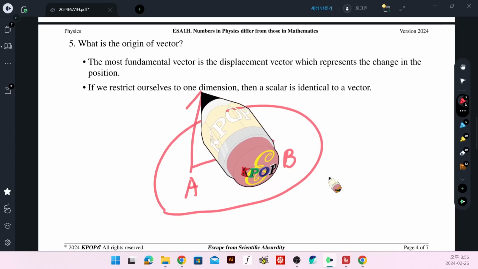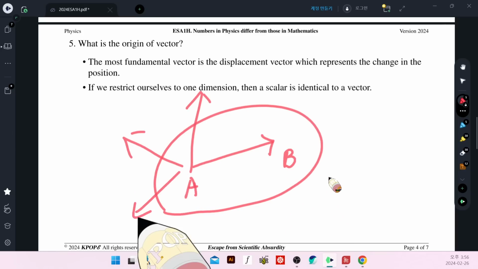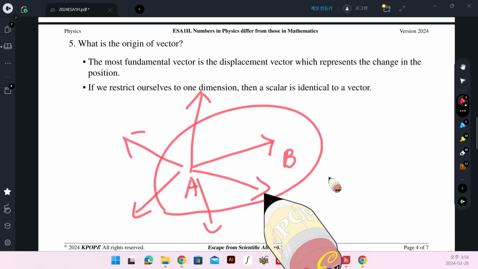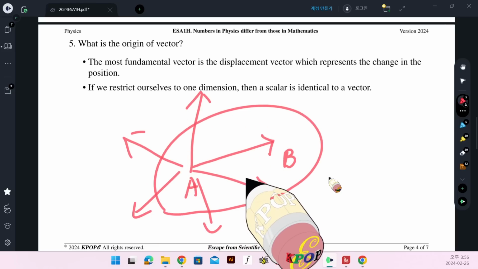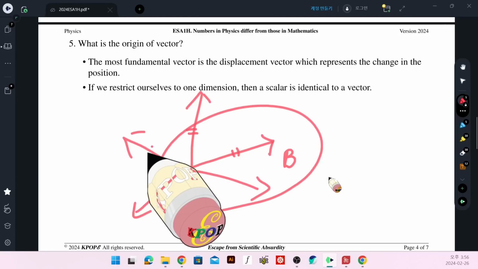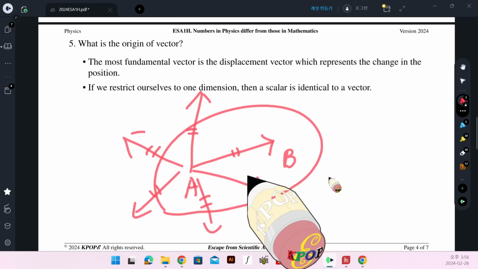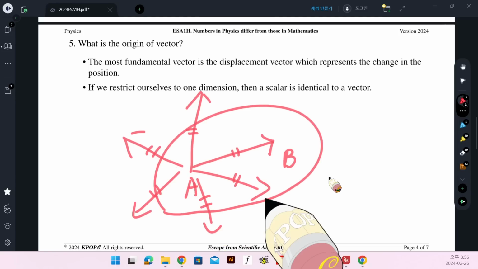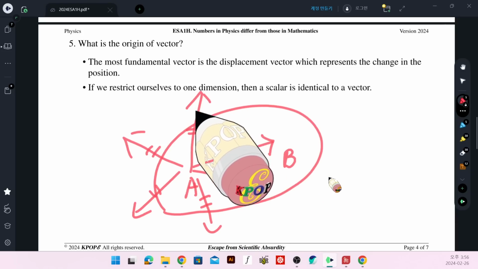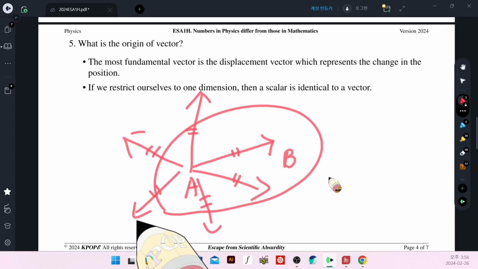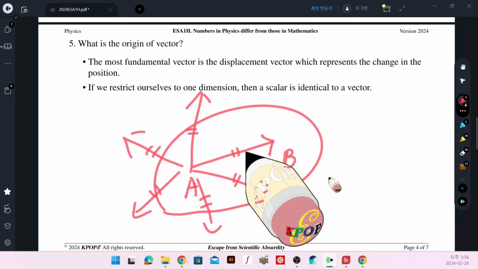There are many vectors with the same magnitude, and all of these vectors are different even though the magnitudes are the same. Because the directions are different, we say these vectors are different.